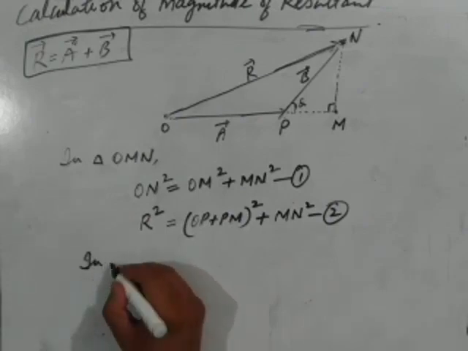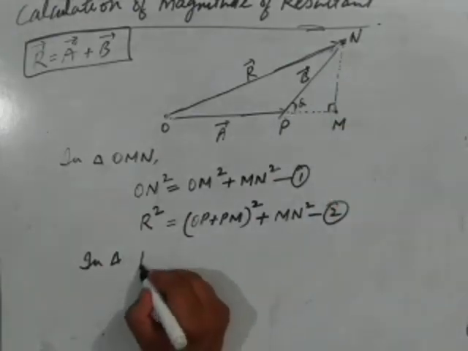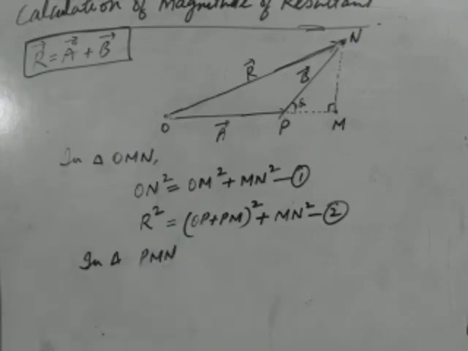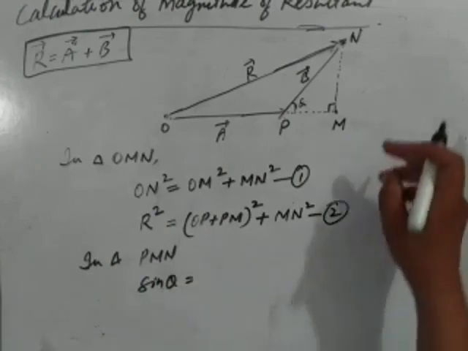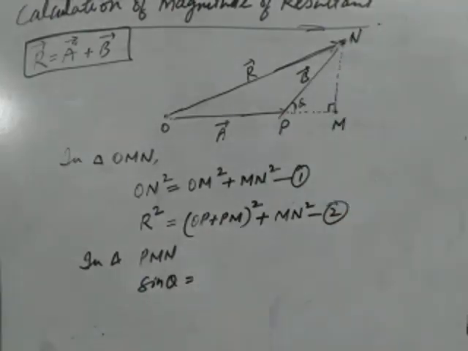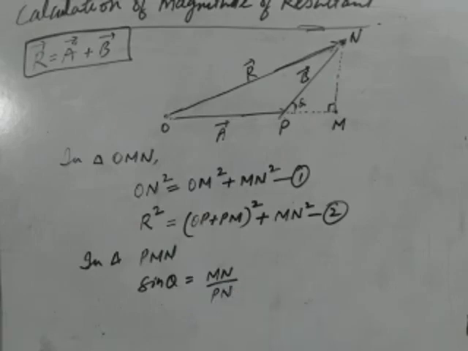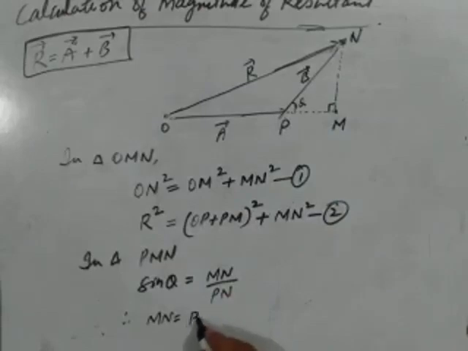Now in this smaller triangle PMN, sine of the angle, sine theta, is equivalent to perpendicular upon hypotenuse, that is MN upon PN. Therefore MN is equivalent to PN sine theta, and PN is equal to B, so MN is B sin theta.